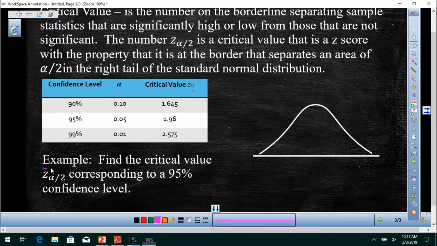Here's an example. Find the critical value of z sub alpha divided by 2 corresponding to a 95% confidence interval. Okay, so we go over here and we go over here.